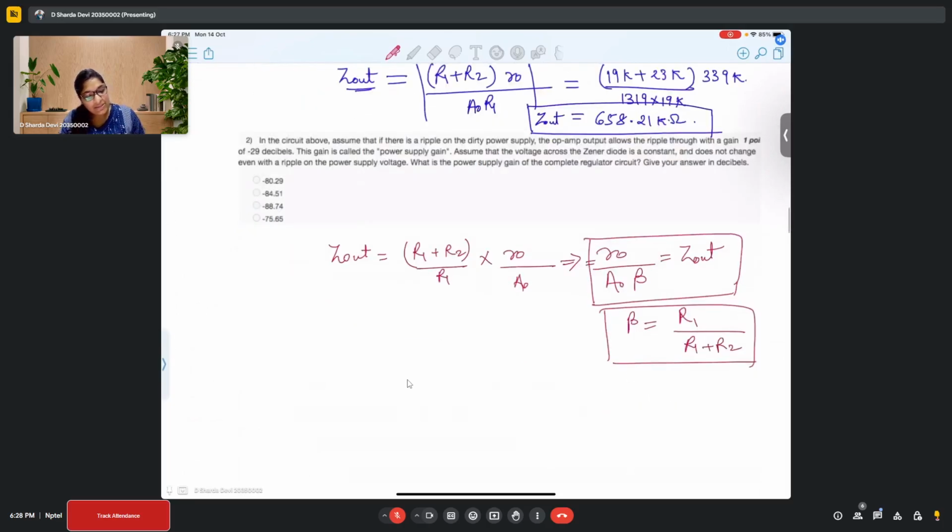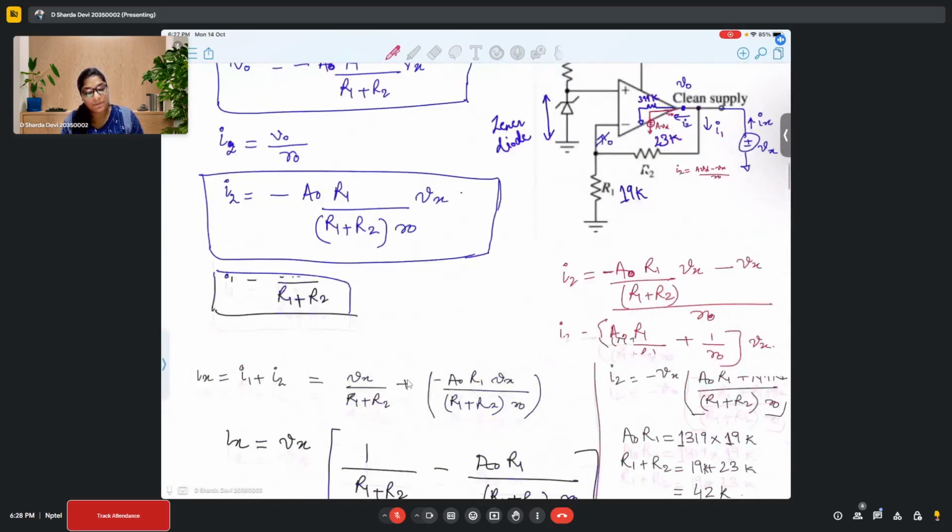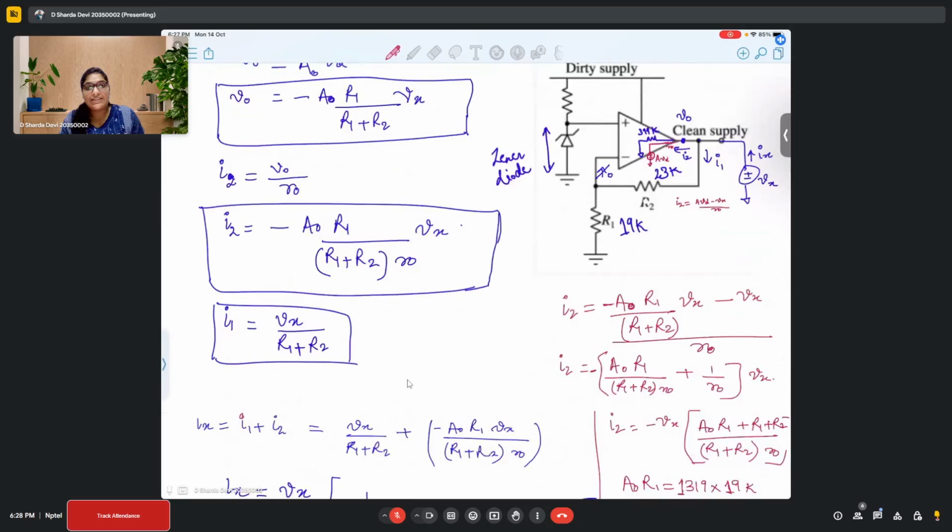This reduction of output resistance comes from the negative feedback present in this problem. We discussed that negative feedback stabilizes the gain. It reduces the gain to increase the bandwidth of your circuit.